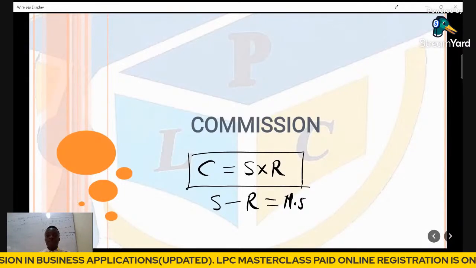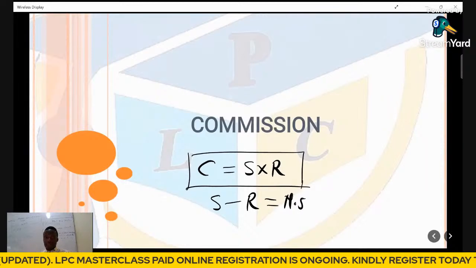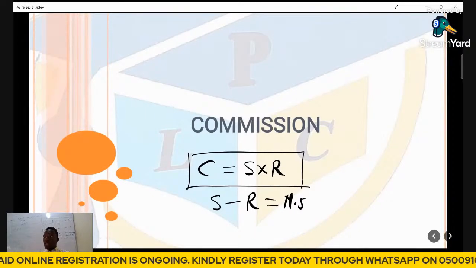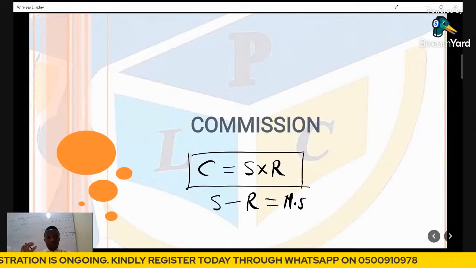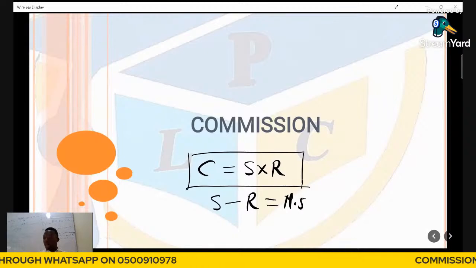So there may be a policy within the organization where, before a salesperson, agent or sales officer can earn a commission, you should be able to achieve a certain level. We call such a condition or motivating set a quota.